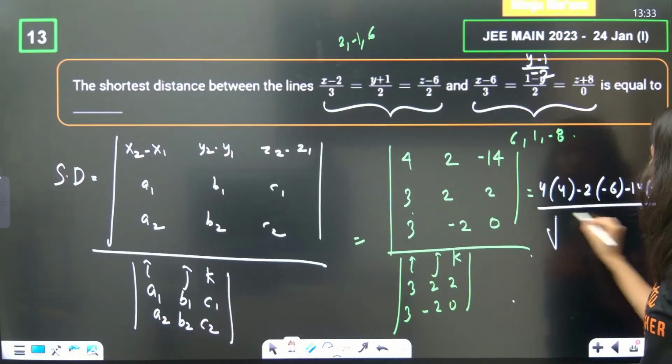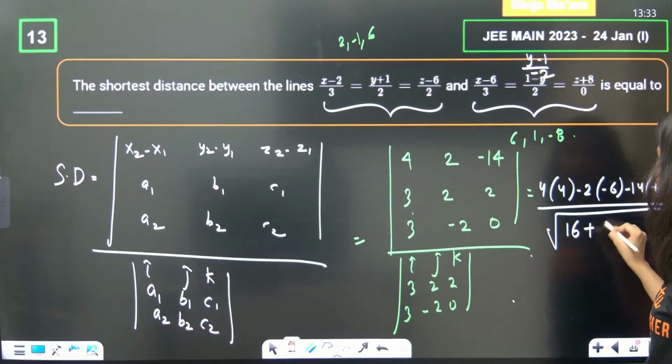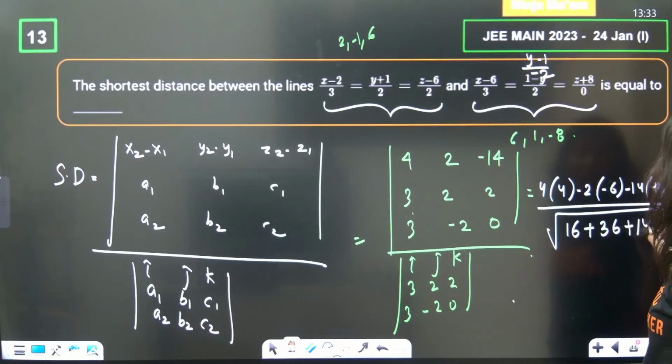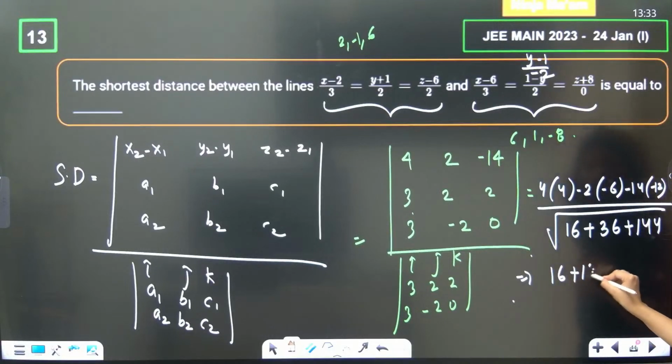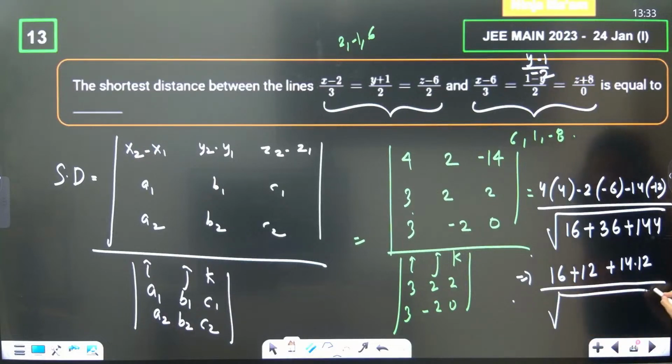Upon square root of 4 4s are 16, 6 6s are 36, 12 12s are 144. So this is 4 4s are 16 plus 6 2s are 12 and plus 14 into 12. Upon this is going to give you 144 plus 36. So 144 plus 36 is 180. Yes, 180. So this is 196.